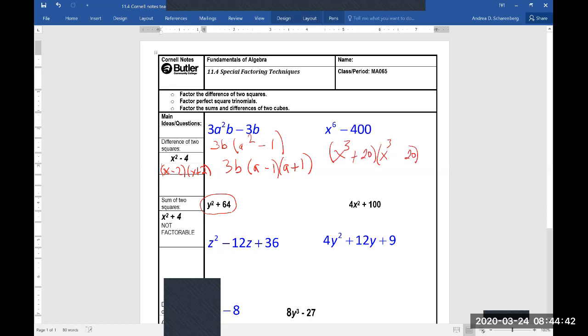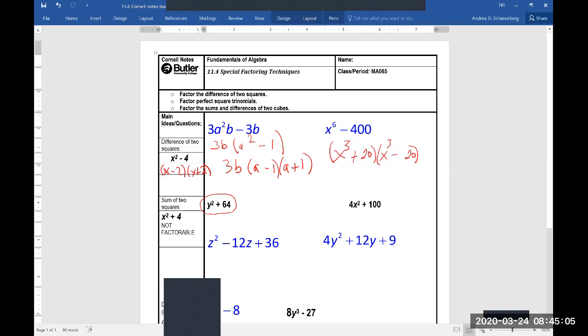And following the pattern, one of them is plus and one of them is minus. And as a reminder, if you FOILed this out, you would see that you would get x to the 6th power, and then you would notice that the middle terms cancel each other out because you have minus 20x cubed plus 20x cubed. And then plus and minus, plus 20 times minus 20 is negative 400.